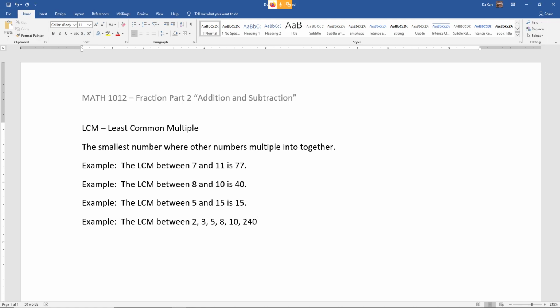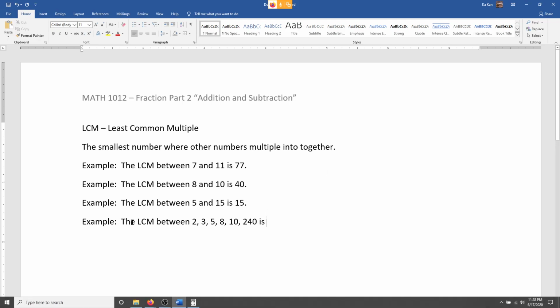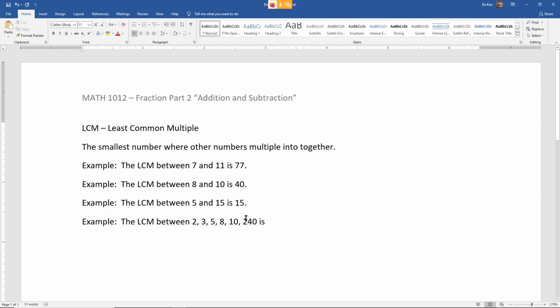Well, look at this. 2 can go into 240 because it's even. Can 3 go in there? Yeah. 5, 8, 10, everybody can go into 240. It's 240 because every other number can divide evenly into 240. That's the key. I know it's kind of weird, and I will never ask you this on the test.